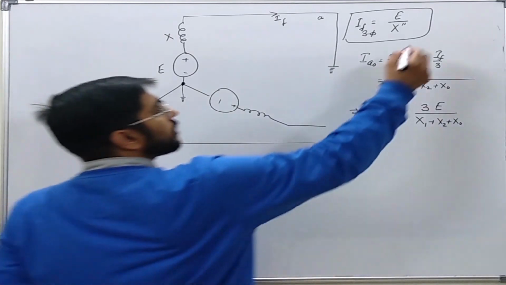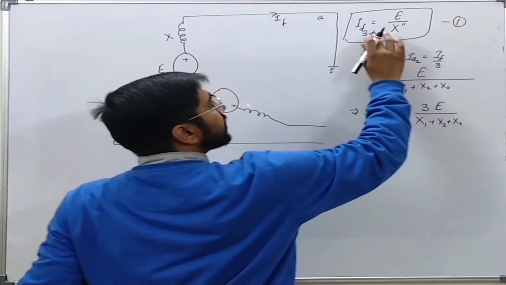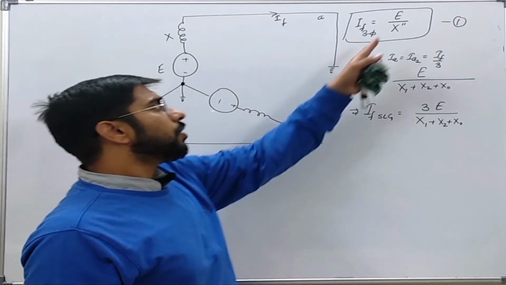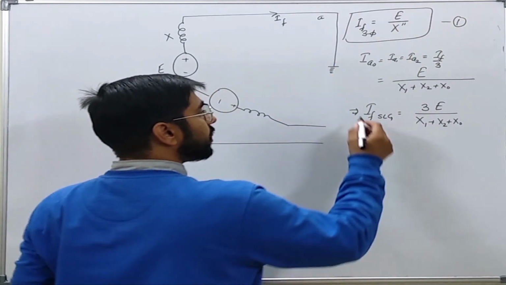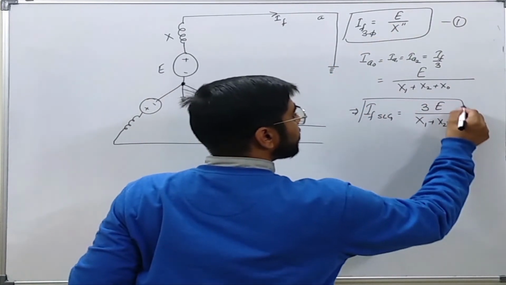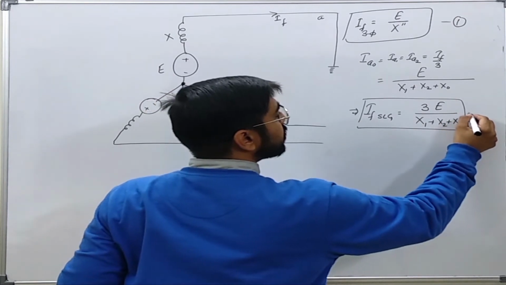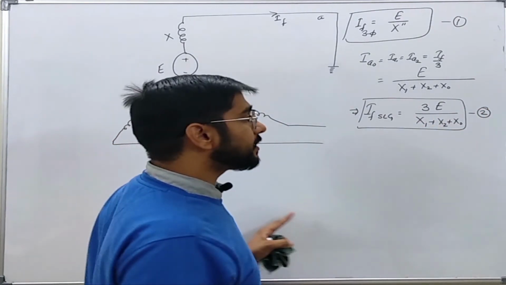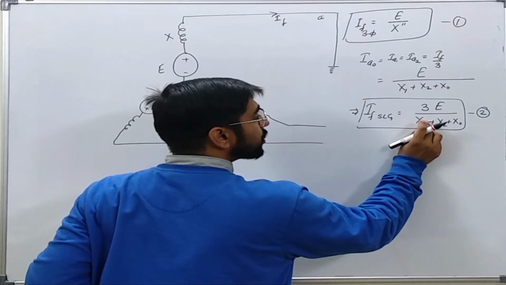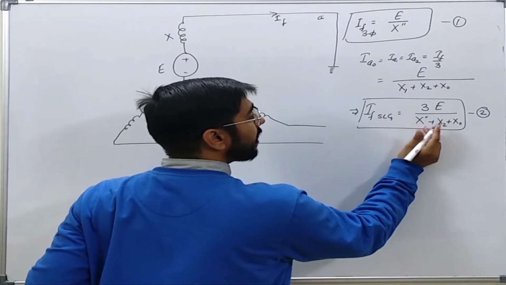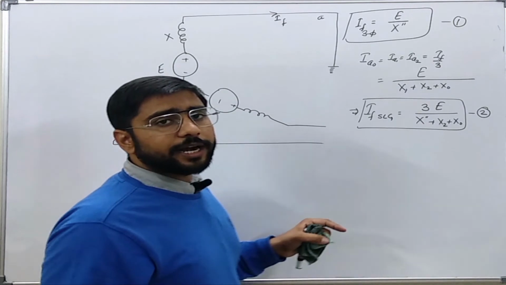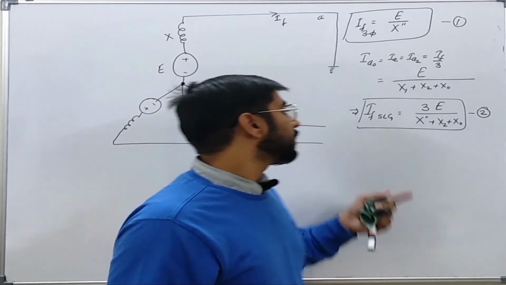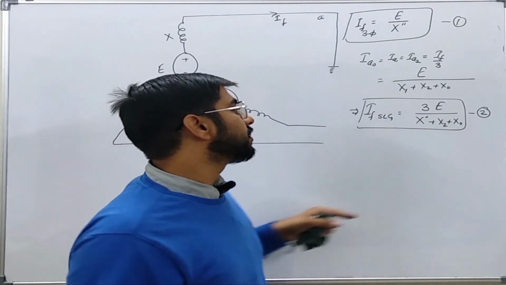Okay. Now from equation 1 we can see that three-phase fault current is E over X double dash, and for single line to ground fault the fault current is 3E divided by X1 plus X2 plus X0. Now X1 is actually X double dash only. If I want to compare the current during the subtransient part, then this is X double dash.